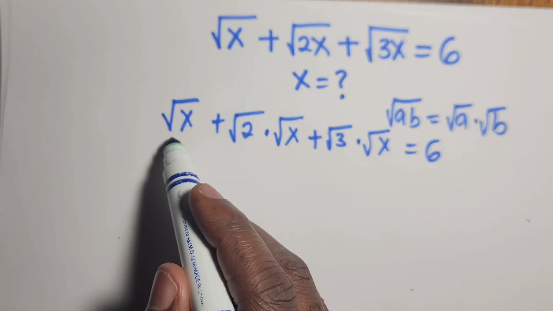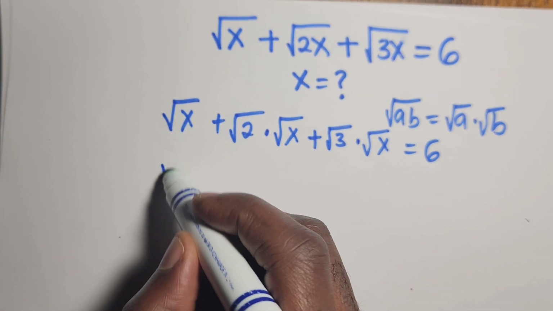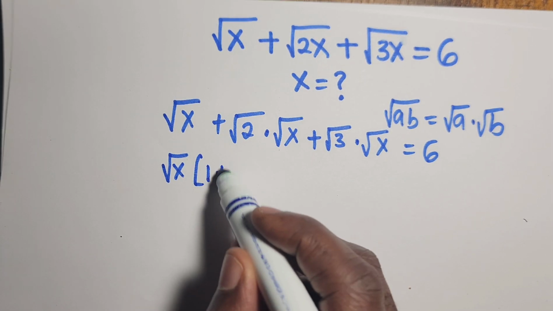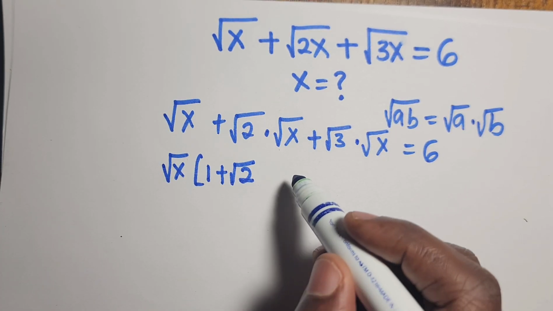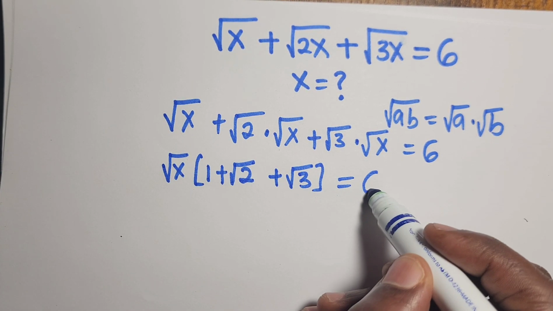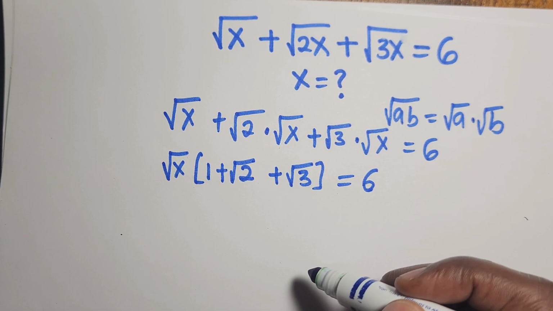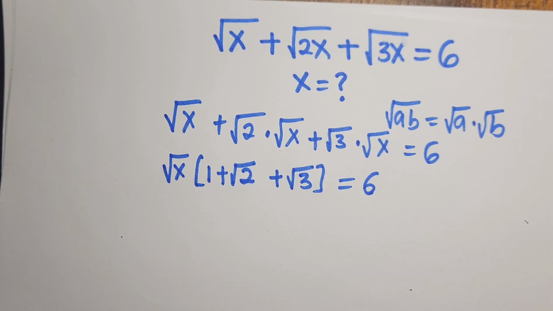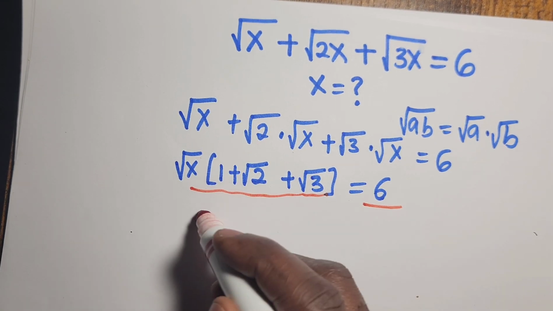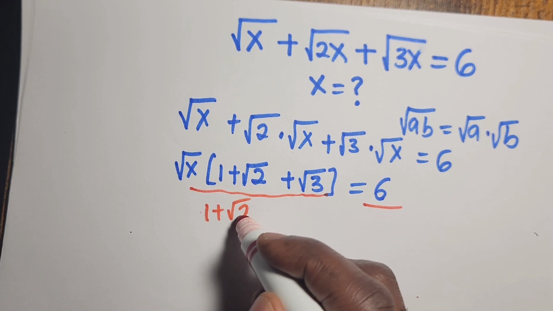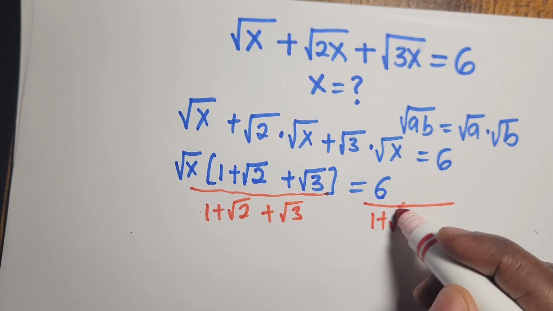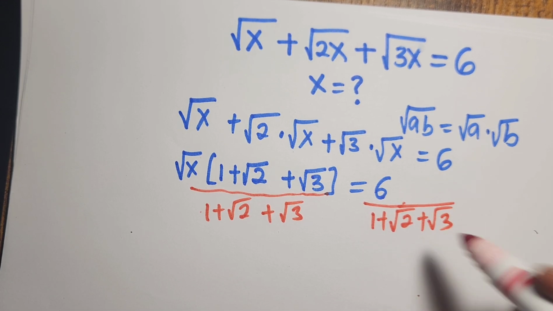Now from here, you can see that the square root of x is common to all, so we're going to factor out the square root of x. And here, I'm going to have 1 plus the square root of 2 plus the square root of 3, which equals 6. Dividing both sides by the coefficient of the square root of x, that is, I'm going to divide both sides by 1 plus the square root of 2 plus the square root of 3.